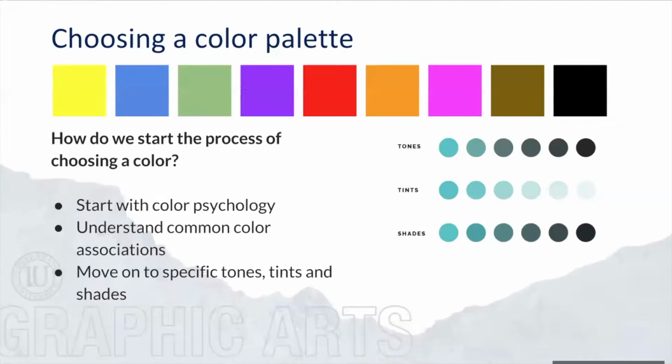Food packaging that says all natural or healthy, anything that's supposed to be good for you, usually has green in the packaging. The word fresh always shows up in green. You wouldn't see the word fresh in bright red or orange, pink. It's just not the color that you would usually associate with that.